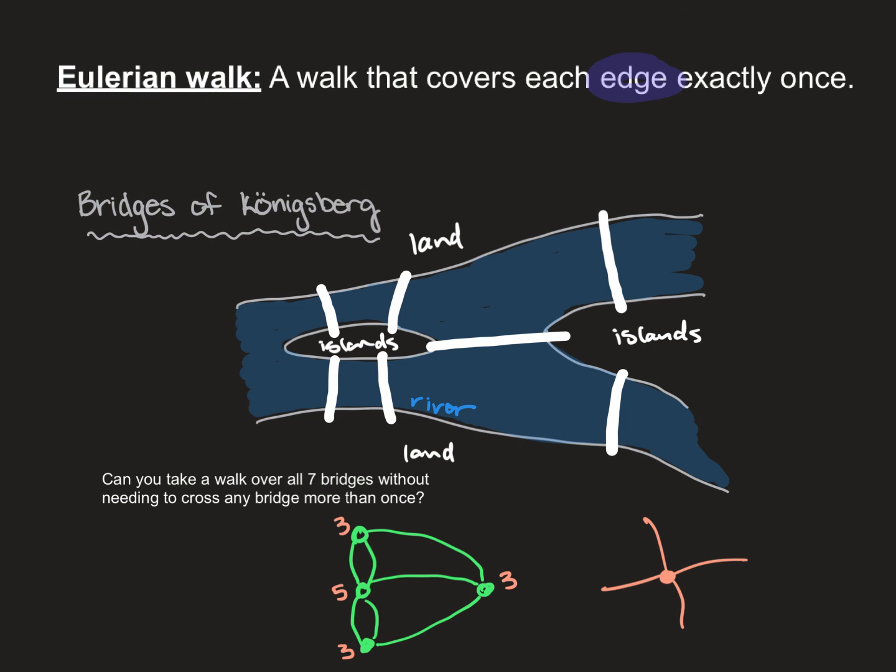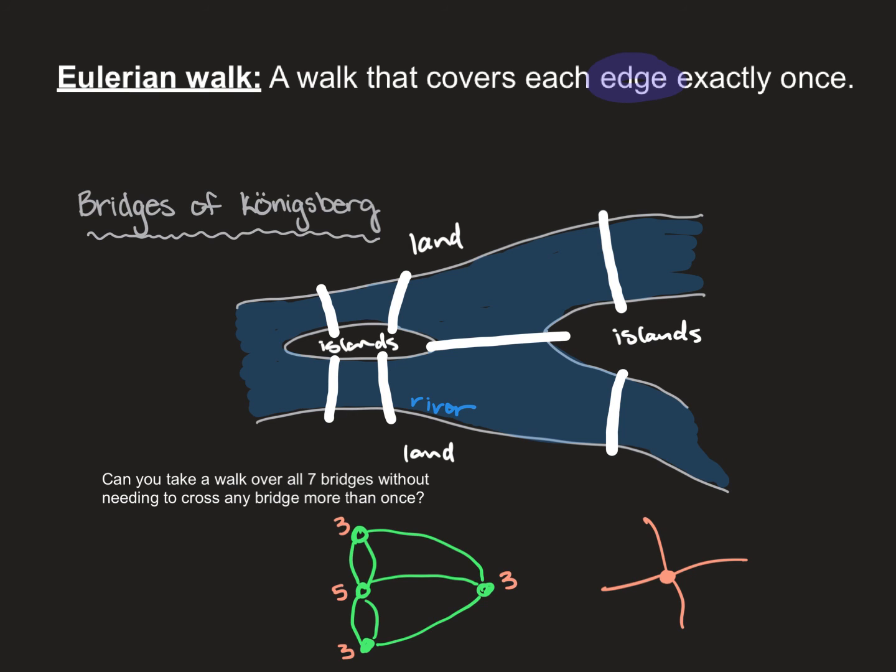Now, if you have 4 connections or 2 or 6 or any even number of connections, like right here, I could come in, go away, come back in, and leave again. That's perfectly reasonable. We don't really know what happened at this end or at that end, but I can get through there. I could also say that I started at an even place, right?